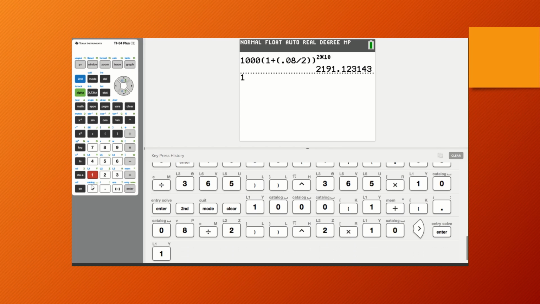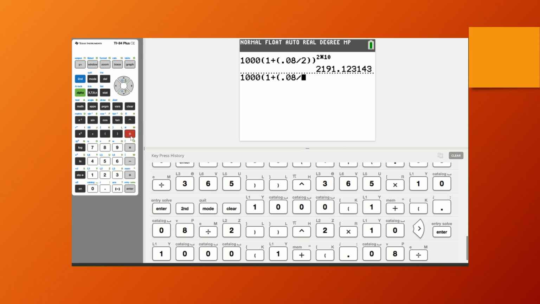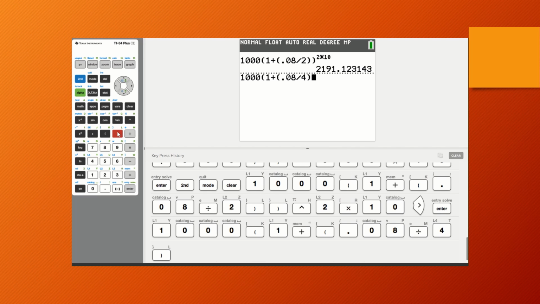Well, how about if we compound it quarterly? Well, again, I got 1,000 times 1 plus, in parentheses, so my calculator reads this correctly, 0.08 divided by 4, double close of the parentheses, raised to the power of 4 times 10, or 40.